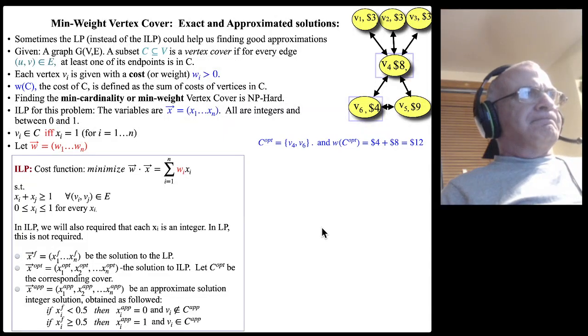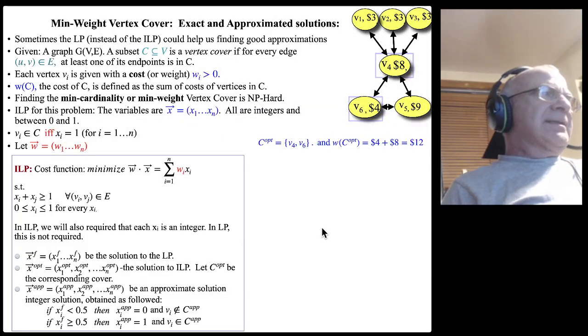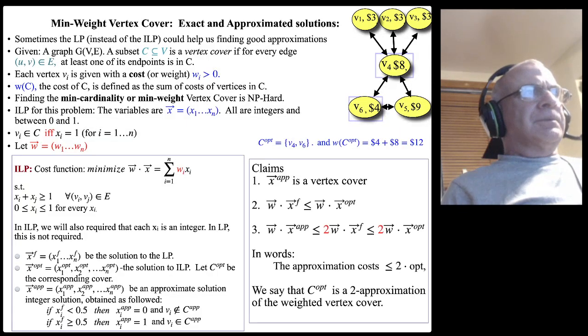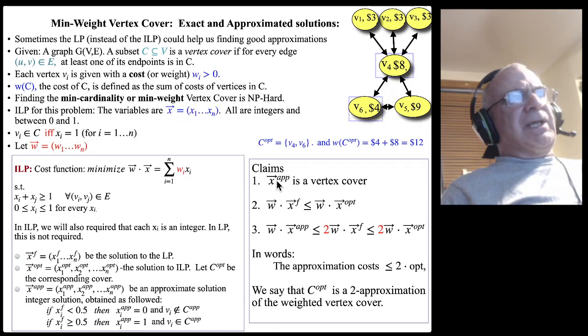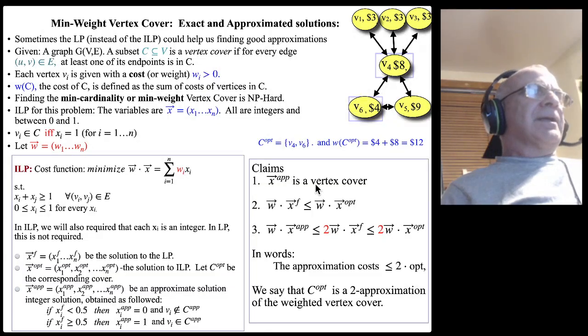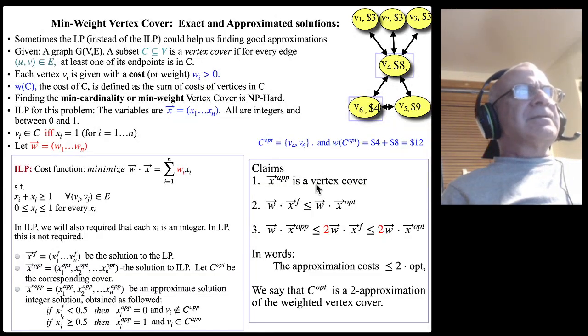Okay, now let's see that what I'm calling C approximate, the cover, is actually a vertex cover at all. Who told me that it's a vertex cover? I want to convince you that X approximate, or the corresponding C approximate, is indeed a vertex cover. And the reason is very simple.